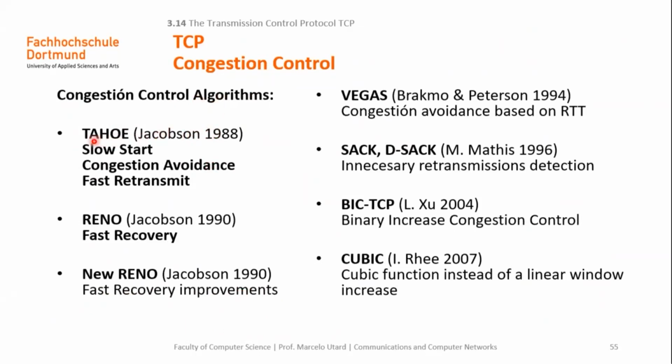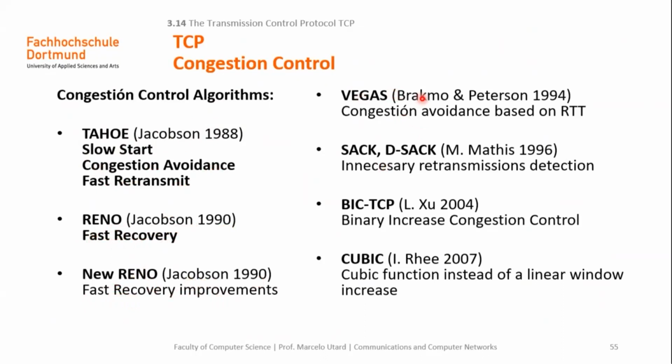There is a proposal called Tahoe from Jacobson that includes the mechanisms of slow start, congestion avoidance, and fast retransmit. Reno, from Jacobson some years later, introduced the fast recovery algorithm. NewReno proposed a fast recovery improvement.